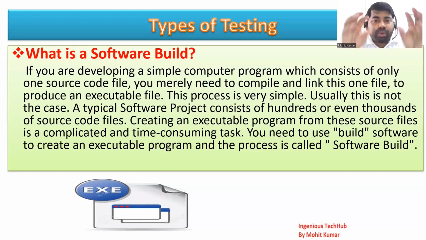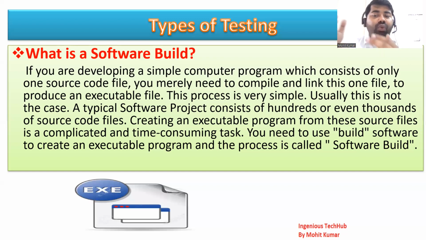This is like software only, but the software is in an executable format or some other file extension. How can we define a software build? If you are developing a simple computer program which consists of only one source file, meaning the code, you merely need to compile and link it into one file.